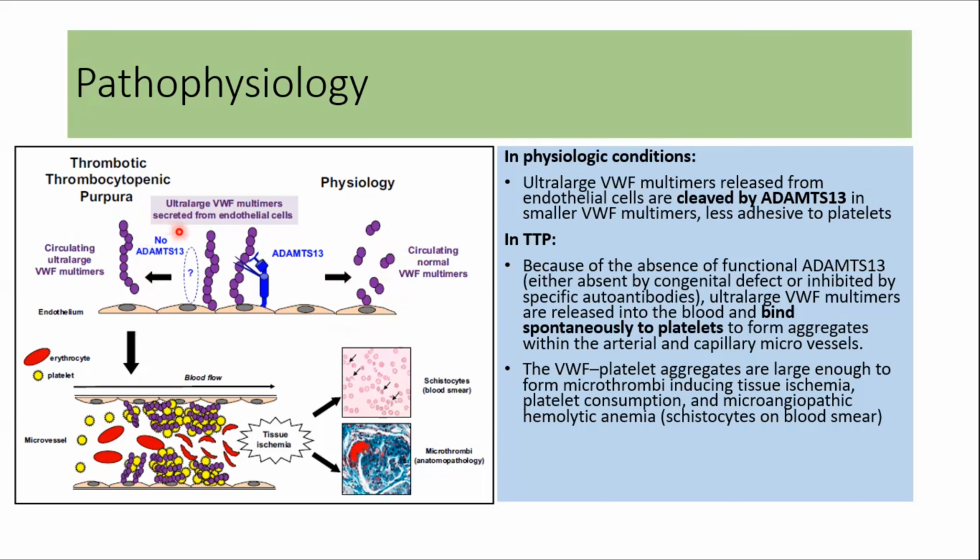But when there is deficiency of ADAMTS13 or there are autoantibodies against ADAMTS13, these circulating ultra-large von Willebrand factor multimers cannot be broken down into the smaller multimers. So these ultra-large von Willebrand factor multimers bind to the platelets and form aggregates within the arteries and capillary microvessels, which lead to tissue ischemia, platelet consumption, and microangiopathic hemolytic anemia.